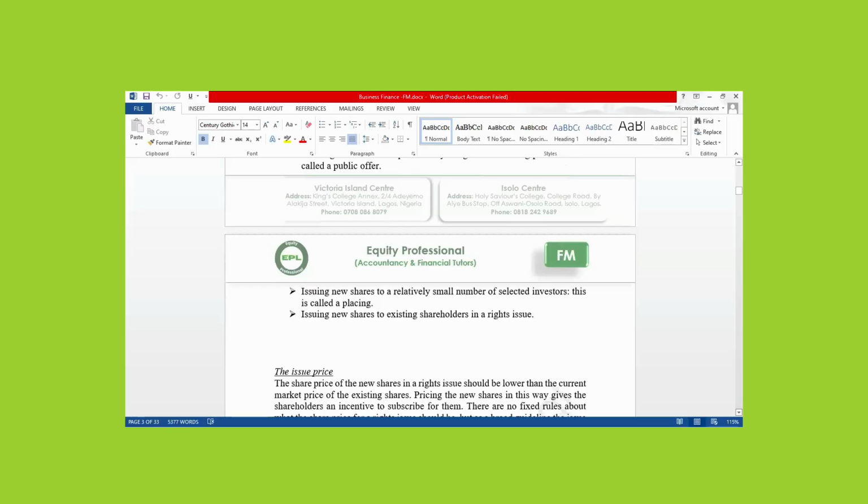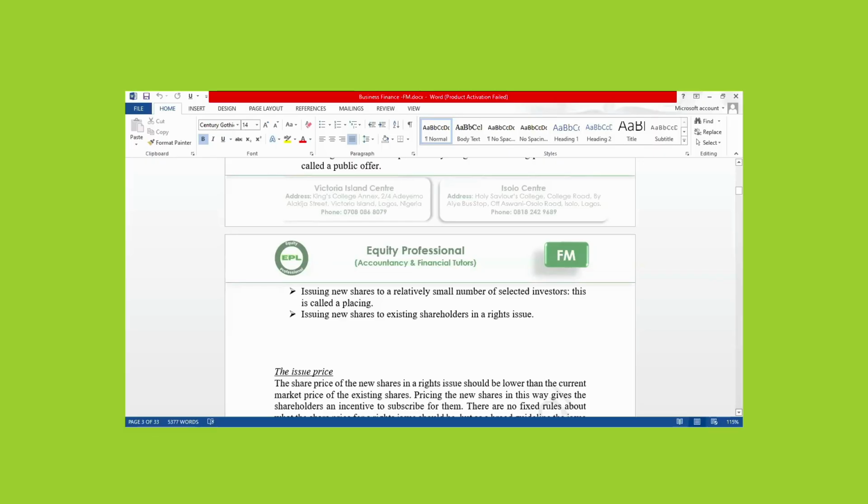We also discussed rights issue. There are three ways a company can issue new shares to generate cash: one, public offer; two, private placing; three, rights issue.